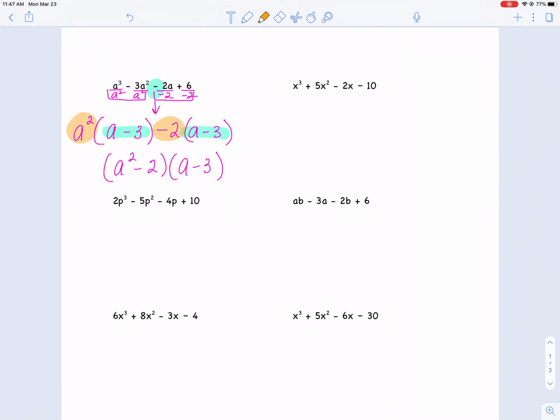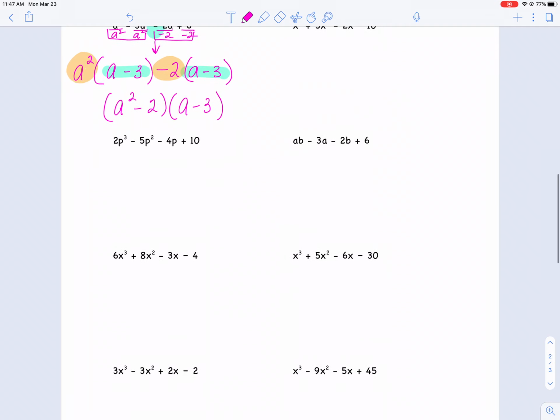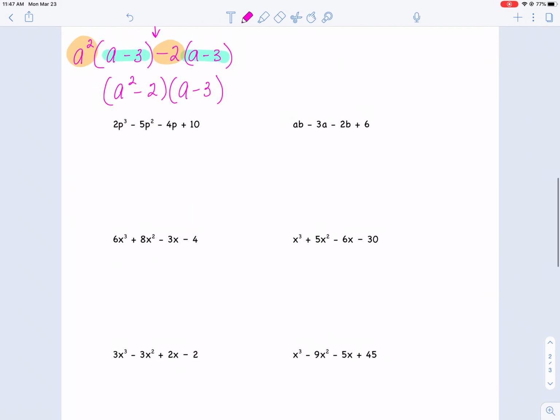Let's try another. How about I just go right down the row? I'll do this one. I'm going to find the GCF of these two and these two.